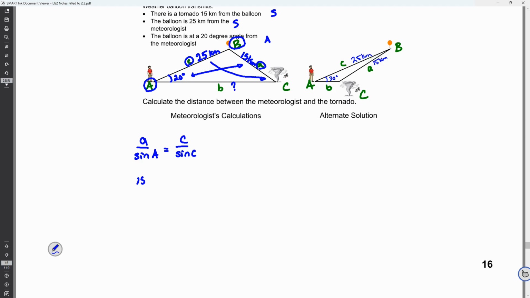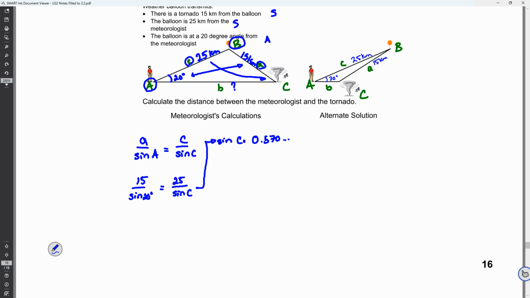I'm just going to fill this all in. So 15 over sine 20 is equal to 25 over sine C. From here, I get sine C is equal to, I'm just going to skip the calculation, I'm sure you can do it, 0.570.